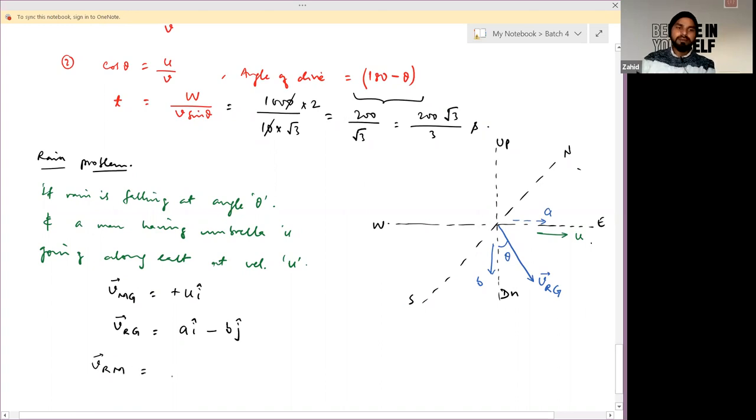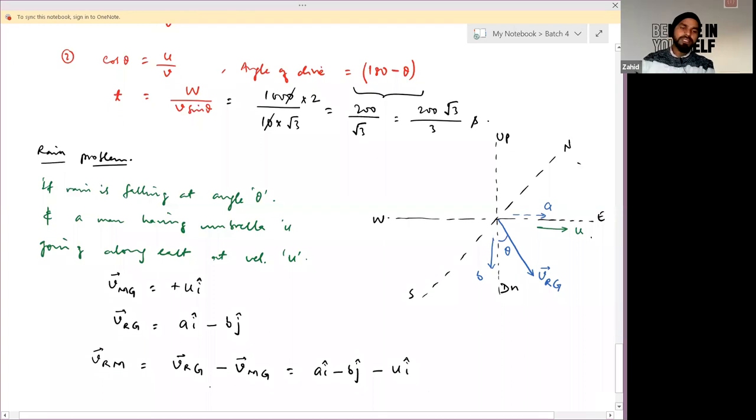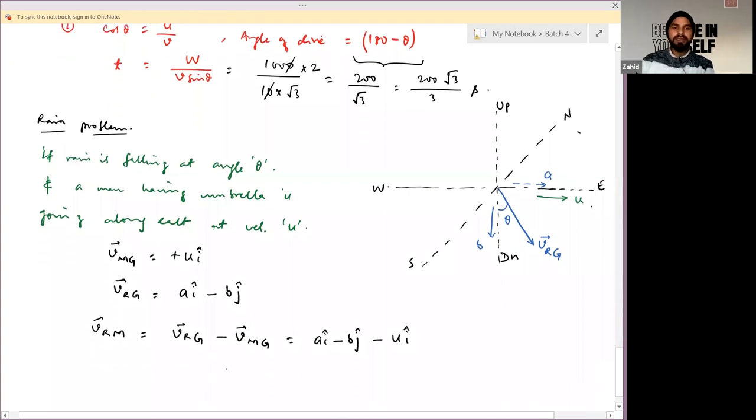So you'll get velocity of rain with respect to ground minus velocity of man with respect to ground. Put the value of each term, a i minus b j minus of u i. So on rearranging, you will get a minus u i cap minus of b j cap.